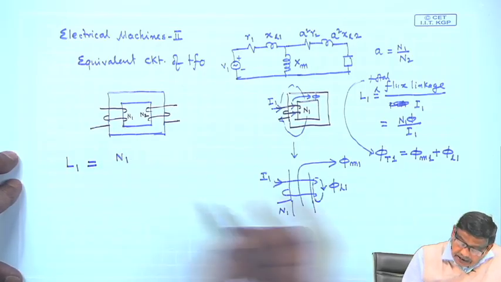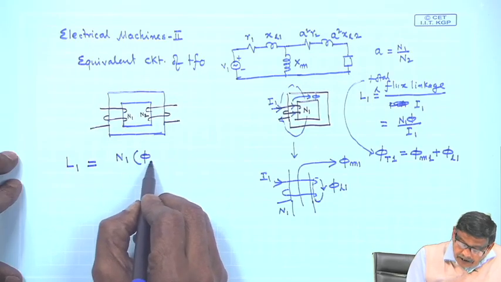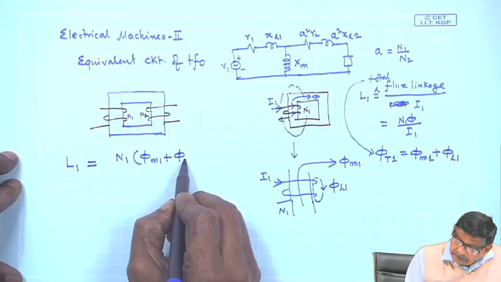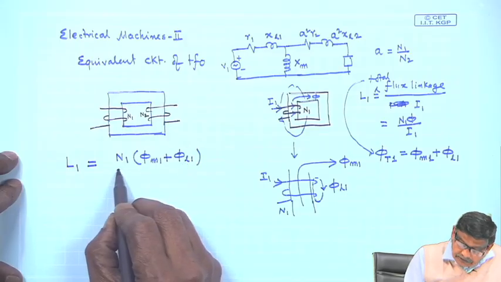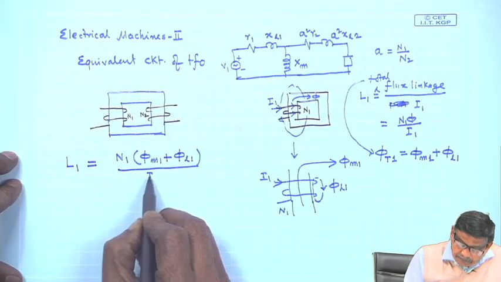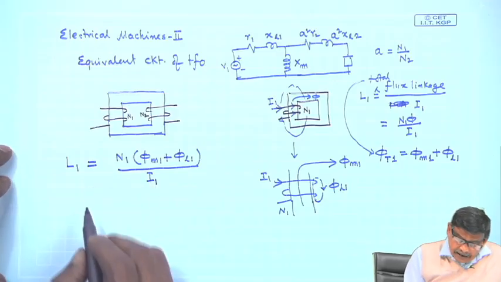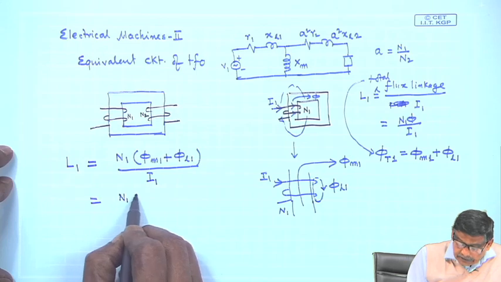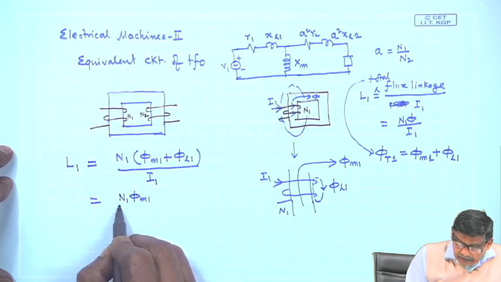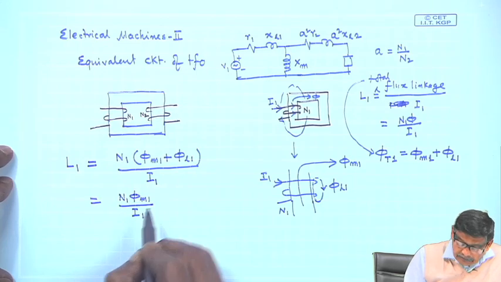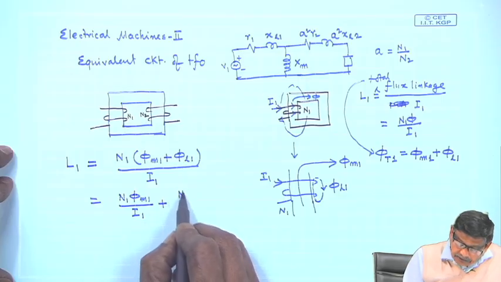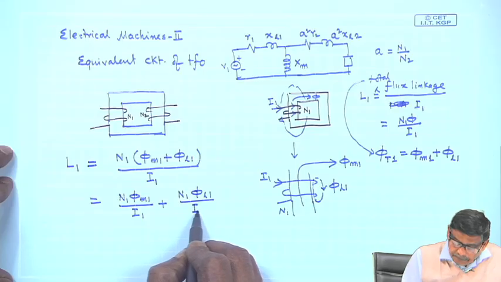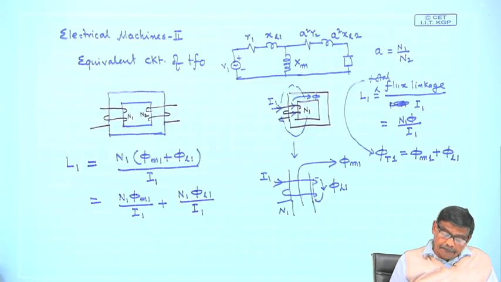So, N1 into phi m1 plus leakage flux phi L1, divided by I1, and this can be broken up into two terms as N1 phi m1 by I1 plus N1 phi L1 by I1, is it not? So, this is the thing.